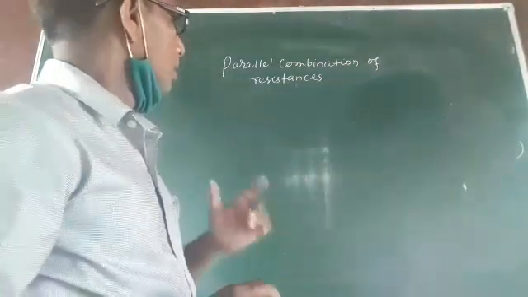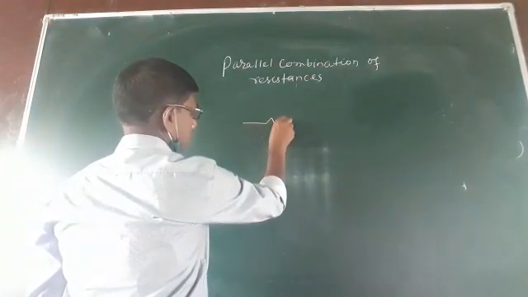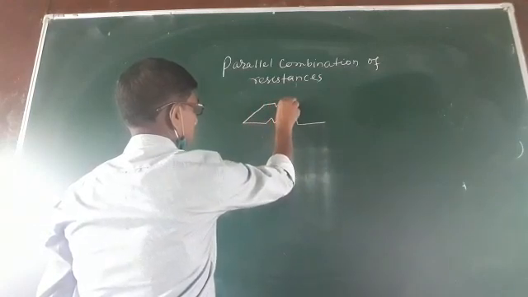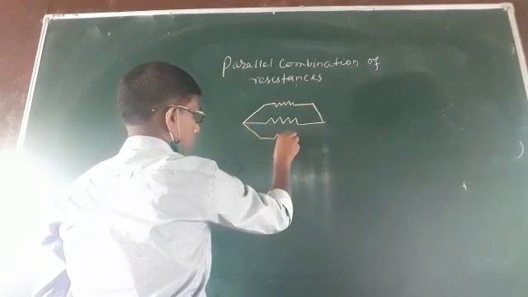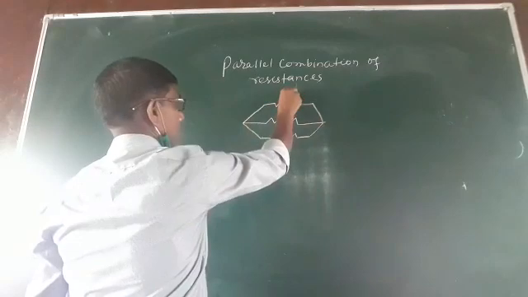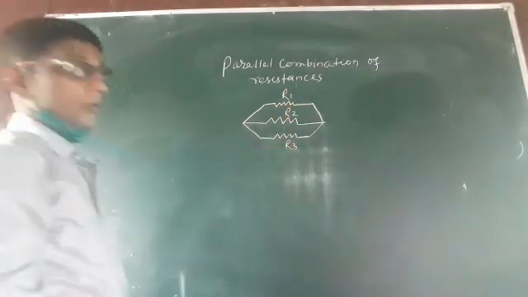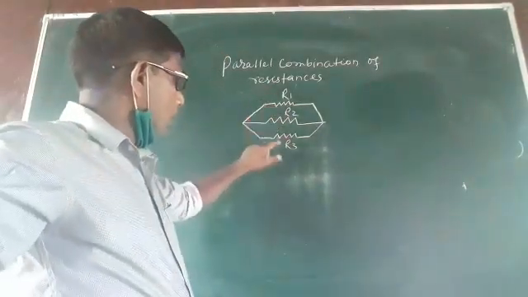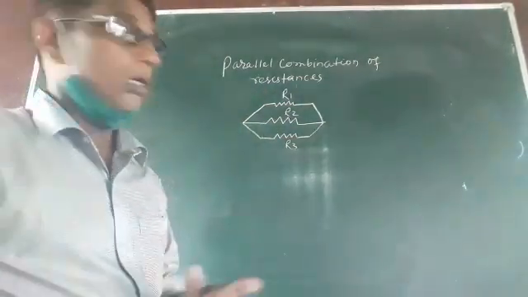So first of all, see the diagram. There are three resistances R1, R2 and R3 connected in parallel.